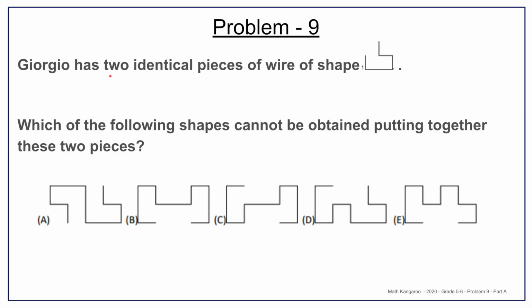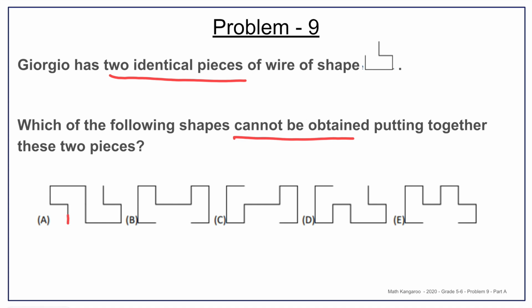Problem 9. Giorgio has 2 identical pieces of wire of this shape. Which of the following shapes cannot be obtained by putting together these 2 pieces? Let's look into each option and see which one is the correct answer, which cannot be obtained using this wire shape.